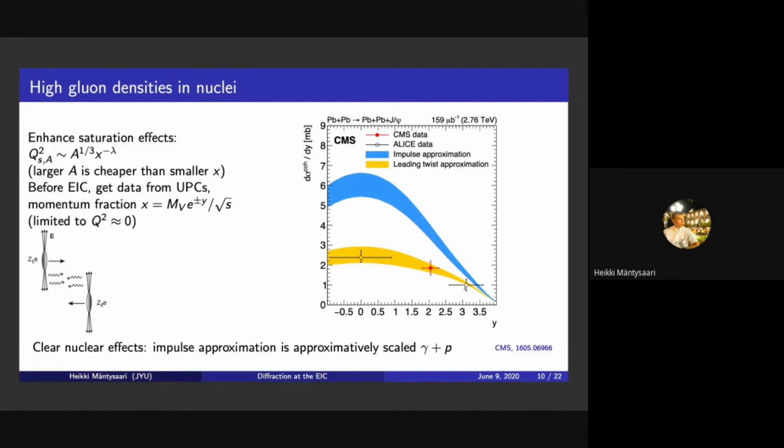So there is a clear hint that in these events you have strong nuclear effects, which in my picture is due to the nonlinear dynamics.